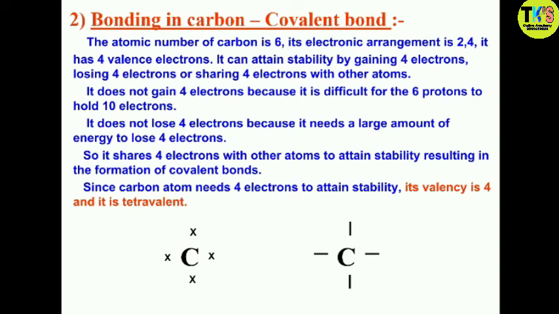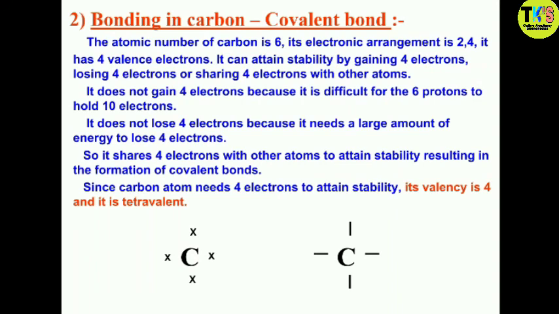The bond formed between carbon and other atoms by sharing electrons is the covalent bond. Since carbon atoms need 4 electrons for stability, its valency is 4.